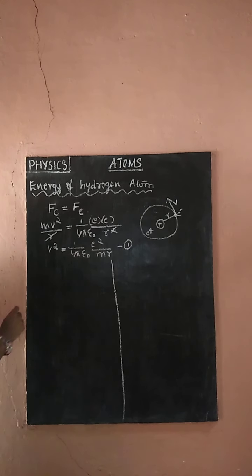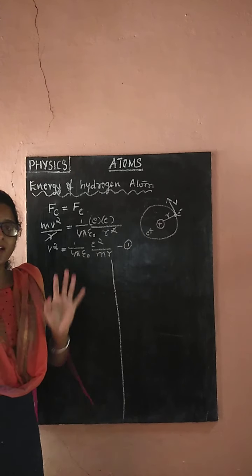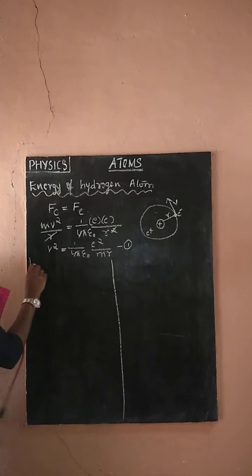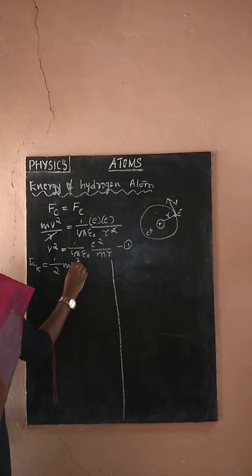Now tell me the formula for the kinetic energy. The formula for kinetic energy is half mv square. I will write Ek as half mv square.